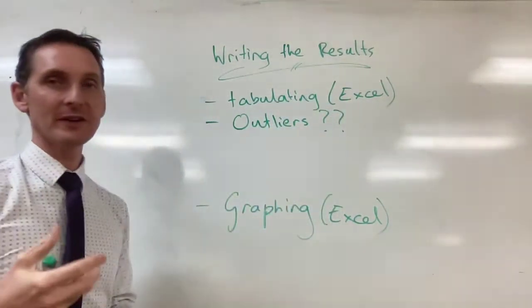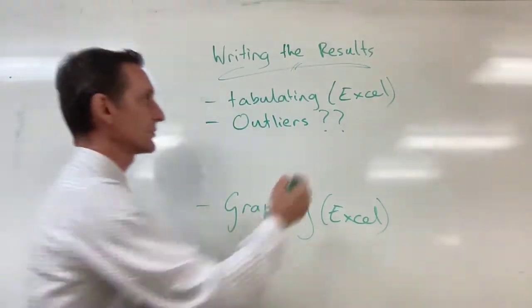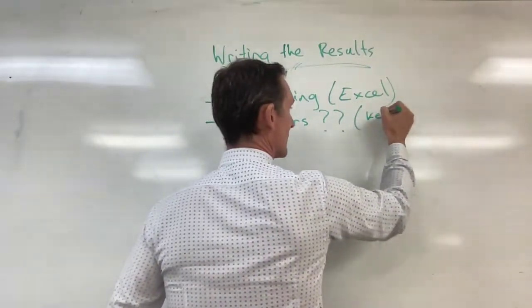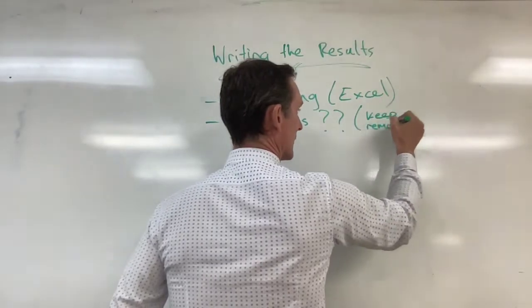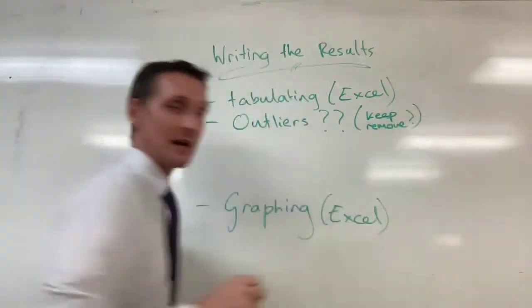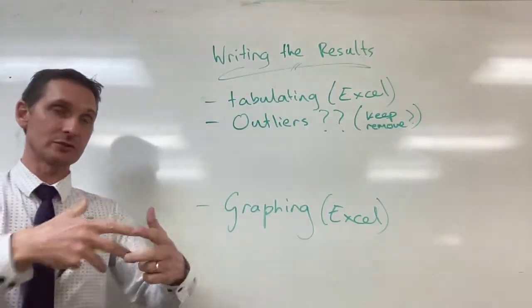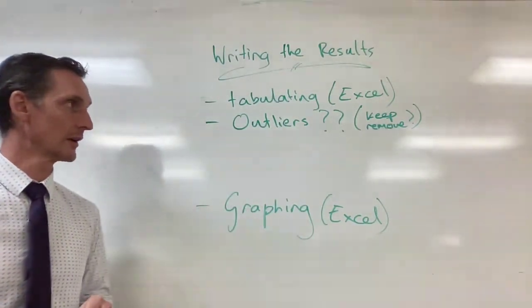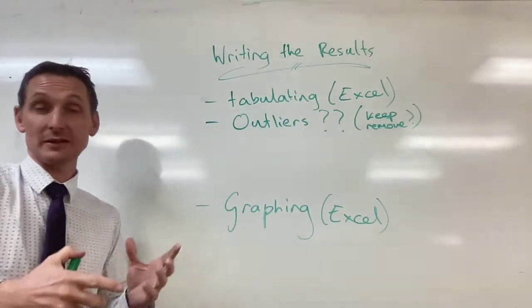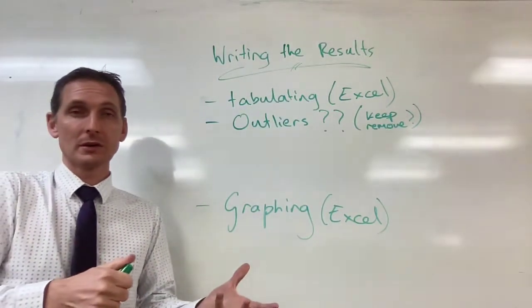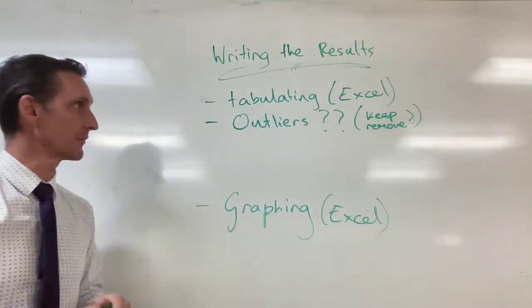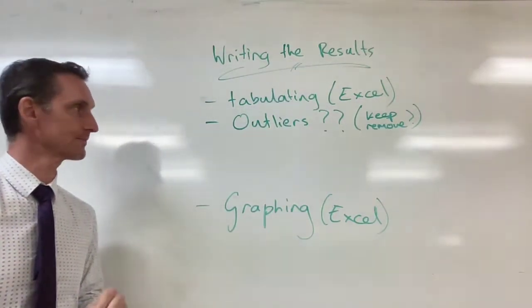So you need to figure out, are you going to keep or remove some data? Because even though you could tabulate that data and add it to everything else that you've got, is it necessary? Did something go wrong? So have a look at your data first before putting it into this table.